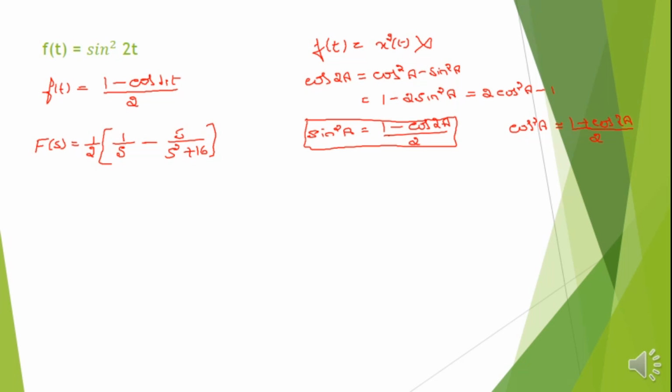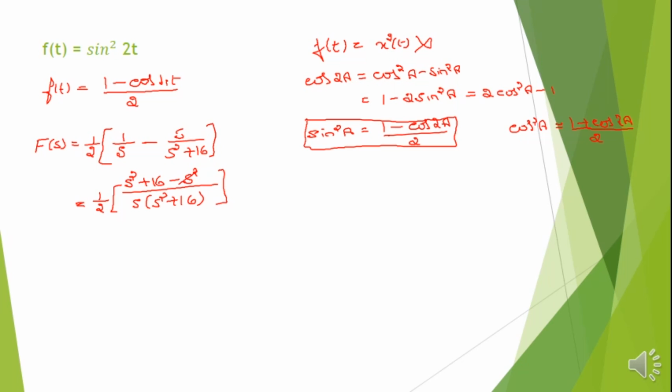By taking the common denominator, half into s into s square plus 16, the numerator is s square plus 16 minus s square.